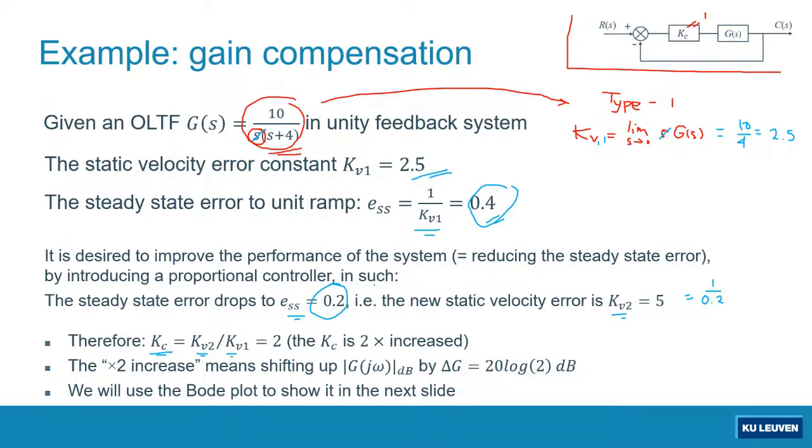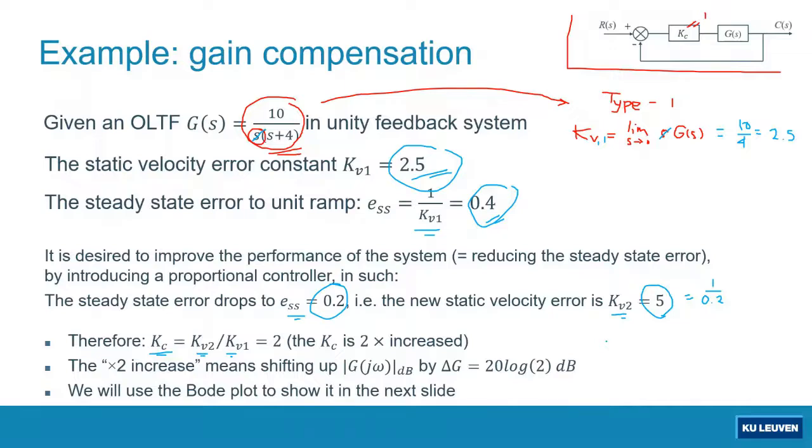The desired Kv is 5. The original Kv is 2.5. That means the proportional gain that I have to set in my unity feedback system is equal to 2. 5 divided by 2.5.